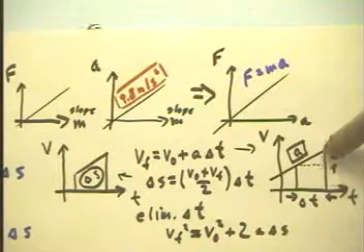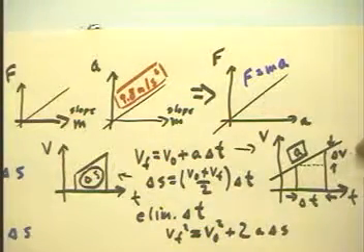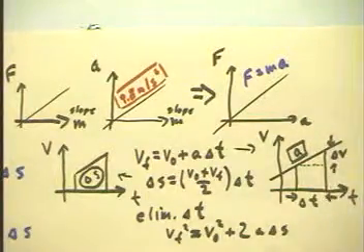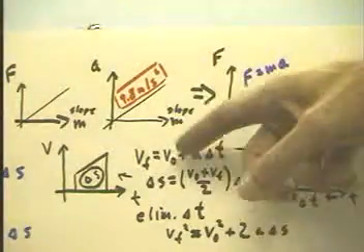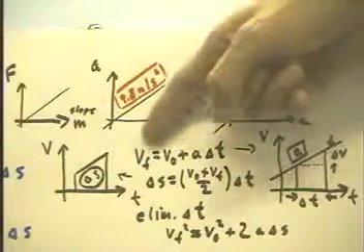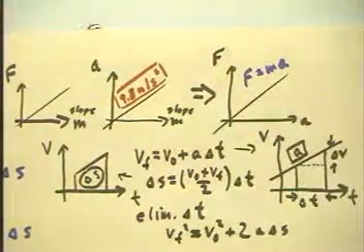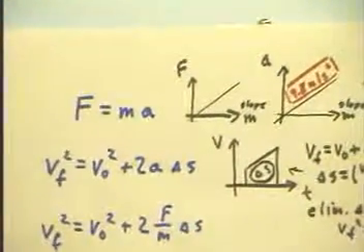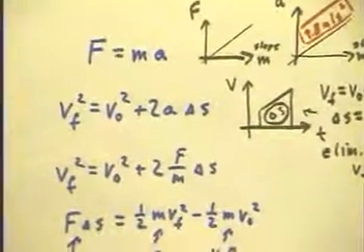That is the rise of this graph, which is your delta v, because delta v equals the slope times your delta t. So this picture corresponds to the fact that Vf equals V naught plus a delta t. And these are our two most fundamental equations of motion, from which we obtain two others.